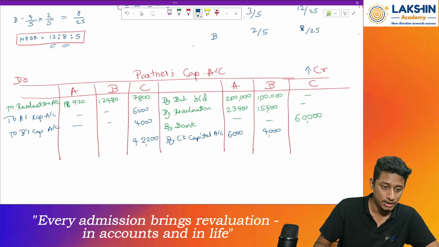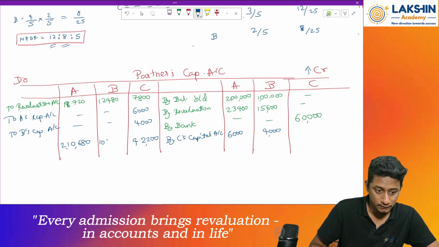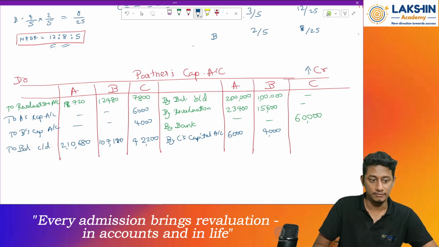That will be rupees 2,10,680. Then, sorry, my bad. Again, once I will do it for B: 1 lakh plus 15,600 plus 4,000 minus 12,480. That will be rupees 1,07,120. Right? This will be the balance carried on.